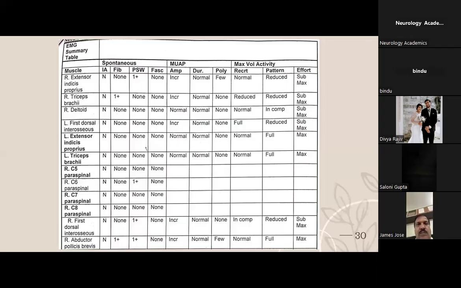This is more suggestive of left FDI reinnervation potential. From this nerve conduction study, there is a possibility of anterior horn cell disease involving the cervical segment.